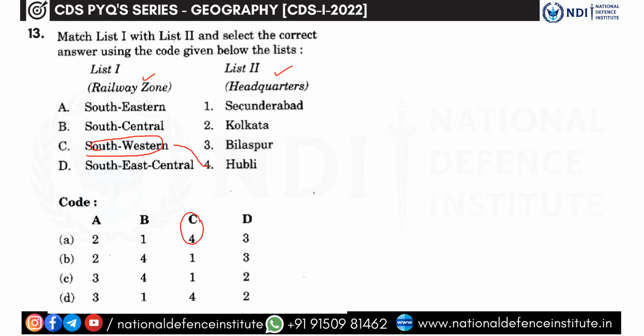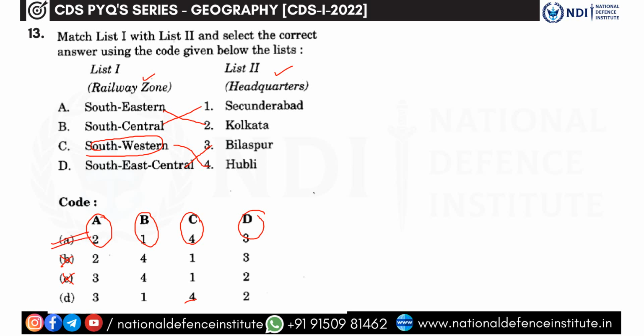You can go with either A or D, and B and C are eliminated. So automatically, which is the other one matched? B is 1. That means South Central is Secunderabad. Then we have Southeast Central, which is Bilaspur. Southeastern is Kolkata. So where you have A is 2 and D is 3. So the option for this is option A.